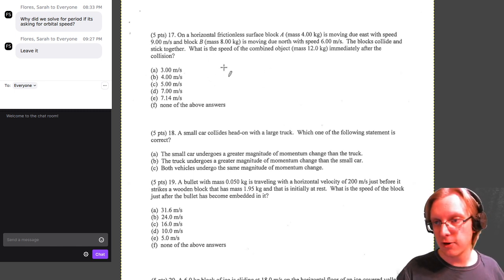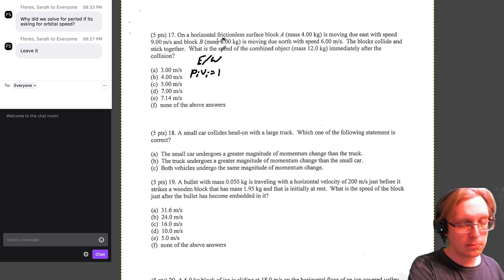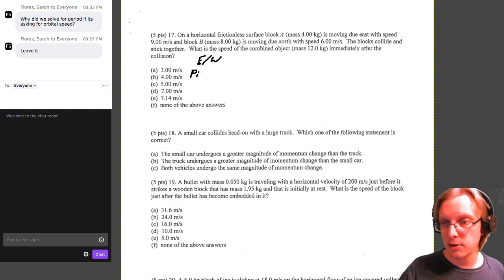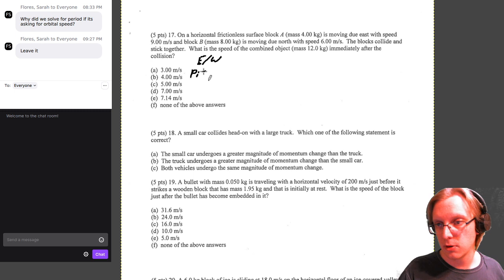So we have in the east-west, we come in with initial momentum, velocity initial, and then that is equal to momentum final. So mass initial, velocity initial, is equal to mass final, velocity final.